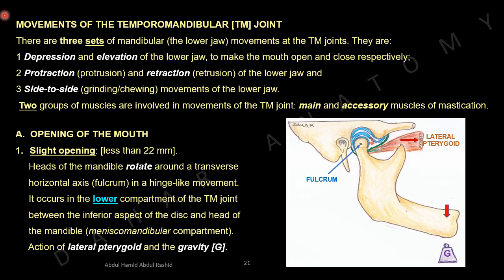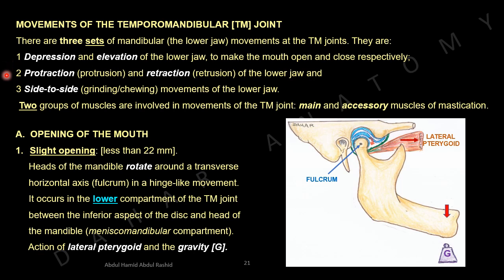Movements of the temporomandibular joint. There are three sets of mandibular, that is the lower jaw movements at the temporomandibular joints. They are, number 1, depression and elevation of the lower jaw to make the mouth open and close respectively. 2, protraction, that is protrusion and retraction, retrusion of the lower jaw.